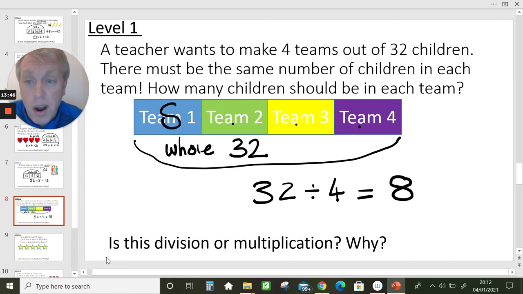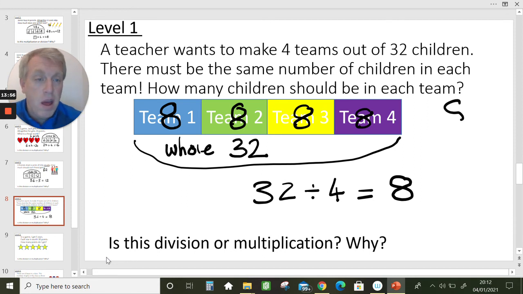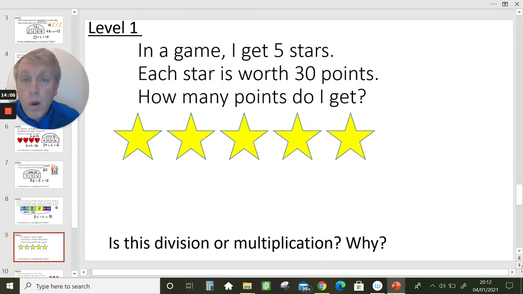So team 1, 8 children, team 2, 8 children, team 3, 8 children, team 4, 8 children. How many children should be in each team? 8. It's dividing. We knew how many children altogether. We wanted to split them up into equal teams, equal groups.